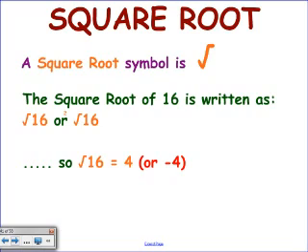So whenever you're giving the square root of a positive number, if it says, what is the square root of 16, and you're all smug and happy and you say, ooh, it's 4, you've lost the mark. Because for every positive square root, there's also a negative that could make it up. So don't forget, minus 4 times minus 4 gave us positive 16. So the square root of 16 is either 4 or minus 4. So every positive square root has 2 options.